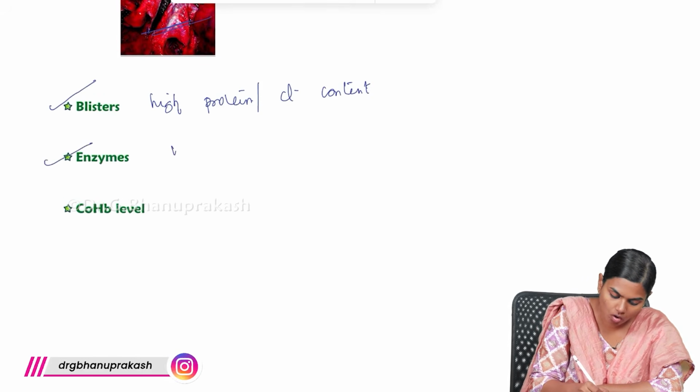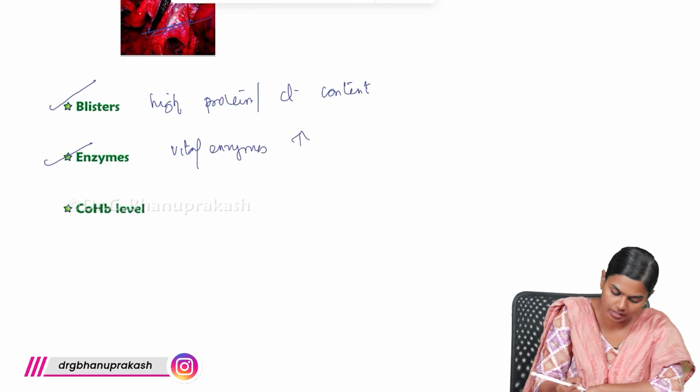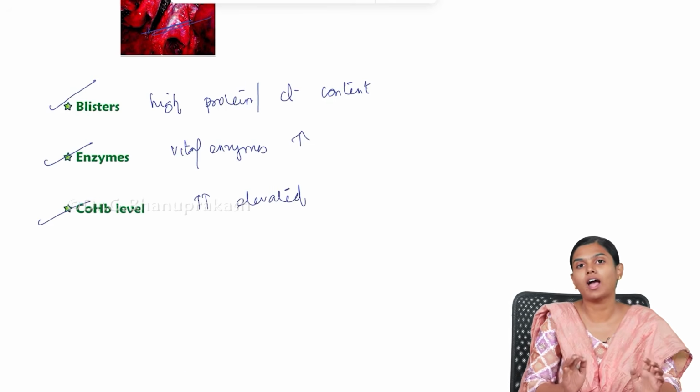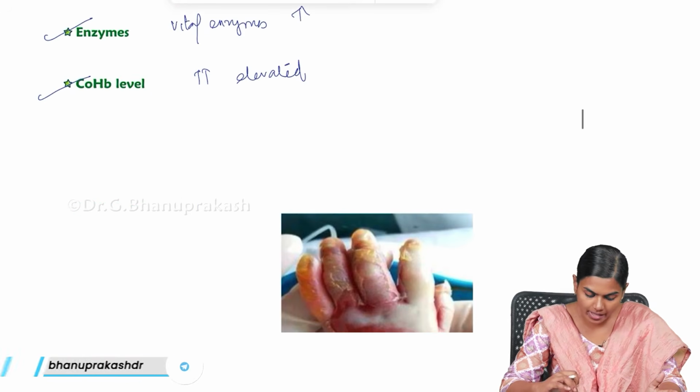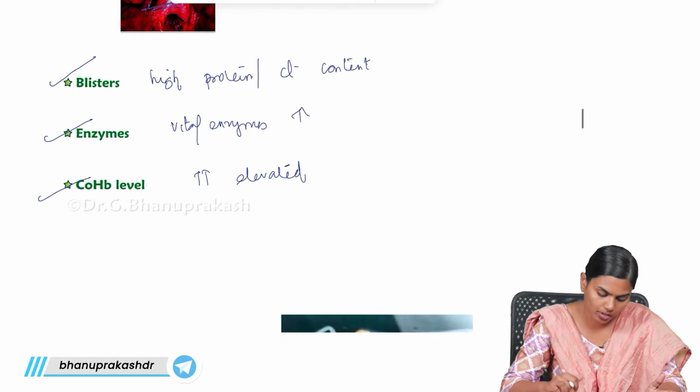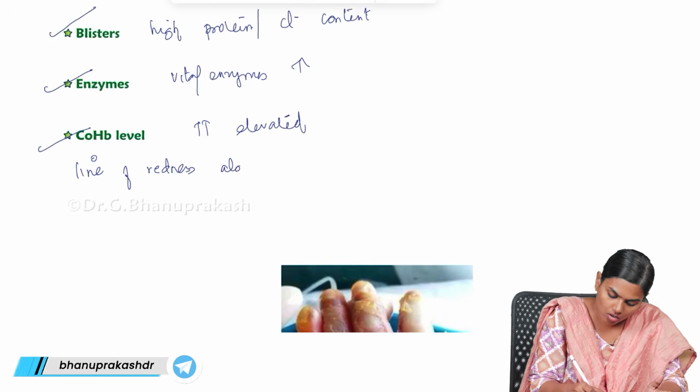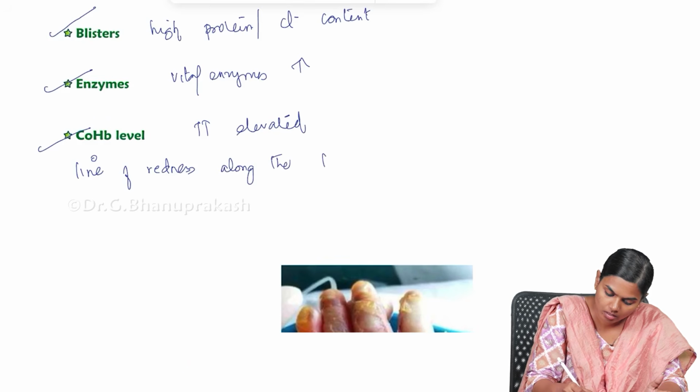And the vital enzymes will be elevated. Then the carboxyhemoglobin level will also be elevated. So, these are the signs of antemortem burns. And externally, you will see one more important sign, that is the line of redness along the border of burns.